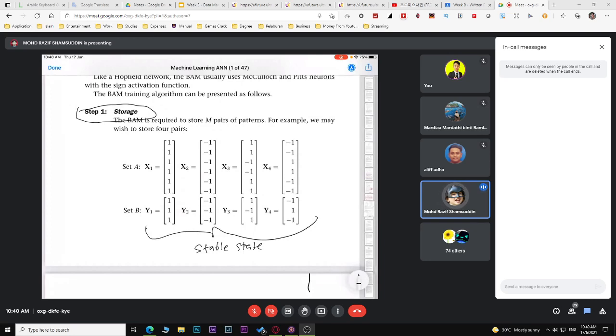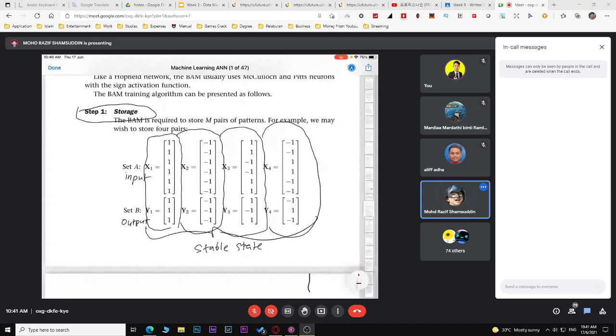In bidirectional associative memory, the difference is that the mapping of the input and output is paired with two sets of data. So you have the input here, set A is the input, set B is the output. These are the pairs that the network needs to memorize. This is one pair, two pairs, and so on. The concept is similar to a supervised network where the input has a label. So the output here is actually the label.